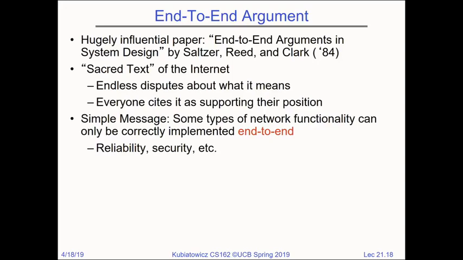So, as with any sacred text, there are lots of disputes about what parts of it mean. Everybody cites it as supporting their position, right? But the simple message is that some types of network functionality can only be correctly implemented at the endpoints. Things like reliability and security ultimately can only happen at the endpoints, and that's why it's called the end-to-end argument.